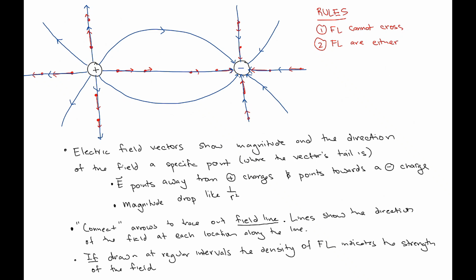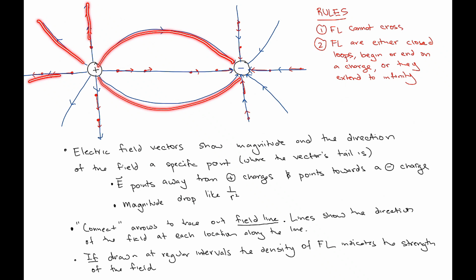Okay, they either begin or end on a charge, or they extend to infinity. Okay, so these field lines here, if there was really just two charges in space, would be examples of field lines that extended to infinity. These ones are examples that begin and end on a charge. Okay, those are our rules.